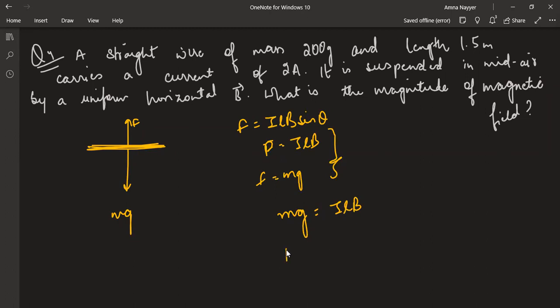So from here, the magnetic field will be mg by IL. So mass is 200 into 10 to the power minus 3 kg. Acceleration due to gravity is 9.8. Current is 2 amperes. Length is 1.5 meters. I noted it down.